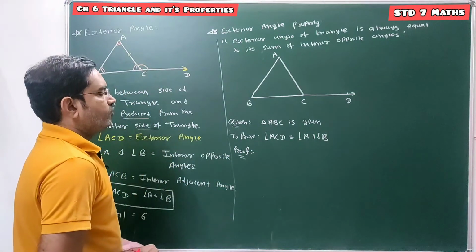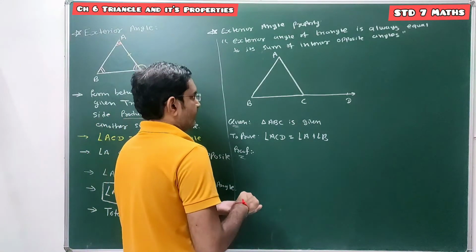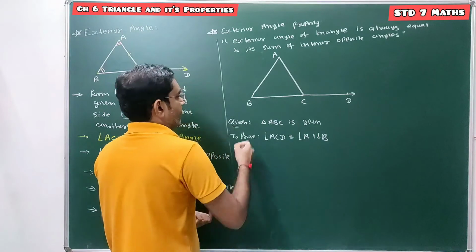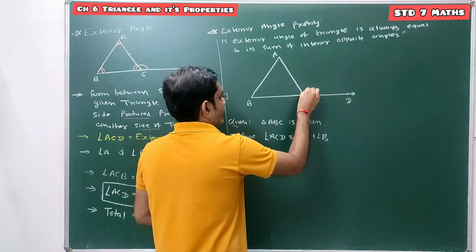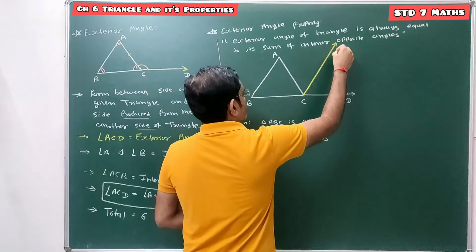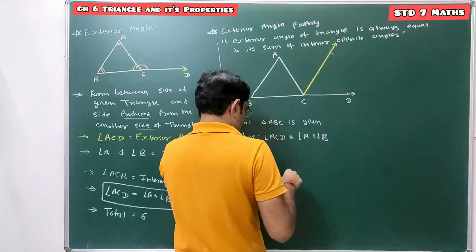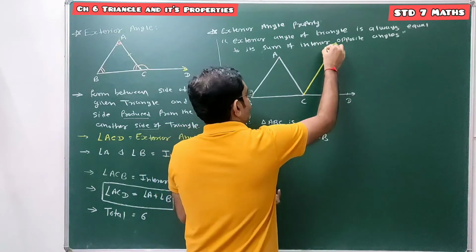To prove this, we are taking one construction, and in that construction we draw one line which is parallel to BA. So through this point C, draw one line which is parallel to AB, and consider point E there.